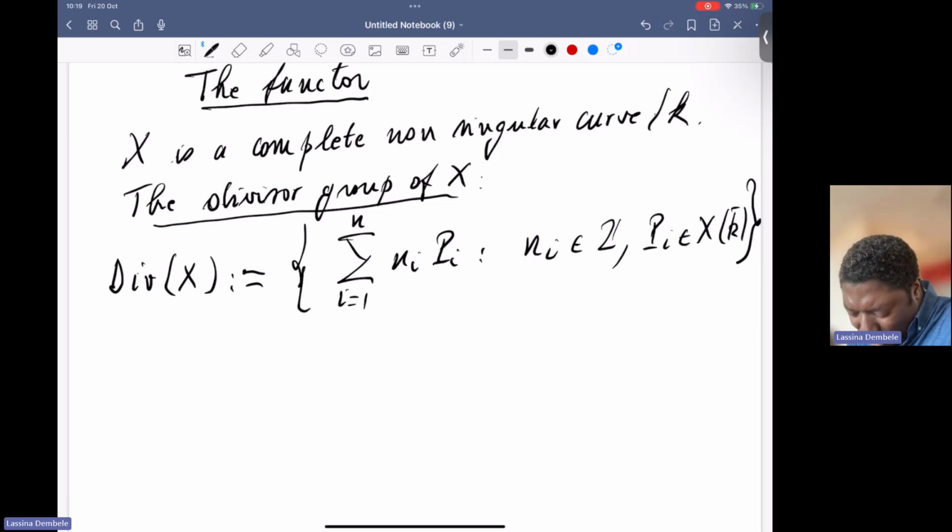And then we have what we call the degree map.